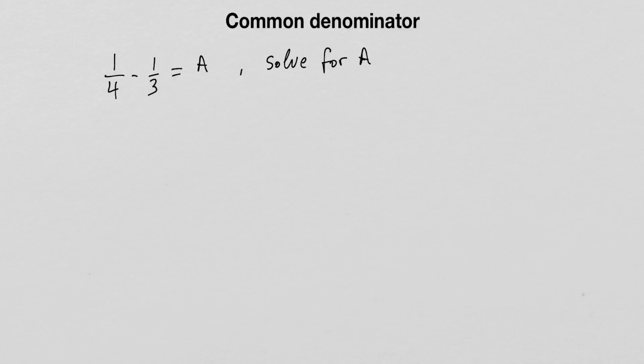So in this case, one of the denominators is 4, the other one is 3. So the common denominator here would be 4 times 3, or that is 12. So in order to make the denominator of each of those fractions 12, I must multiply the first fraction's denominator by 3, and the second fraction's denominator by 4.